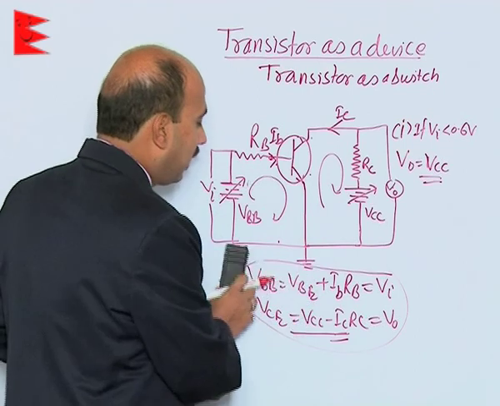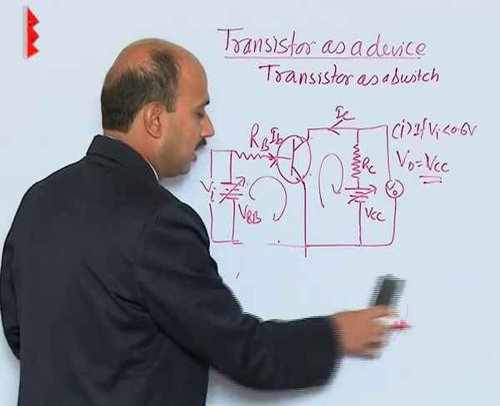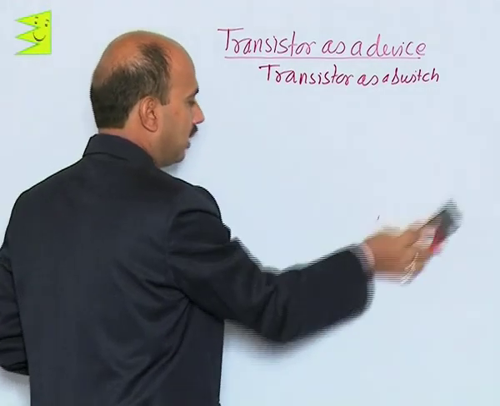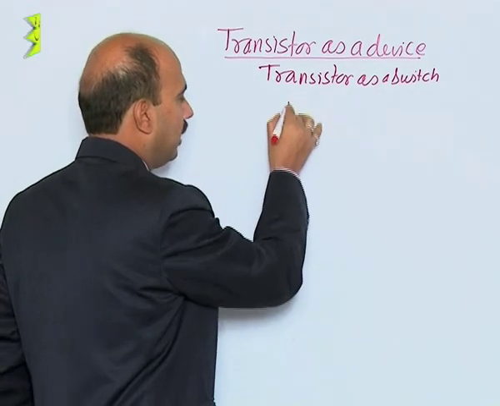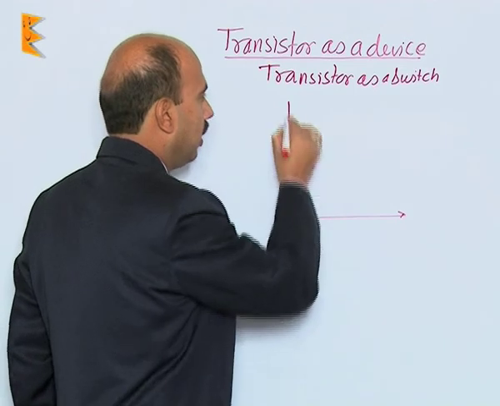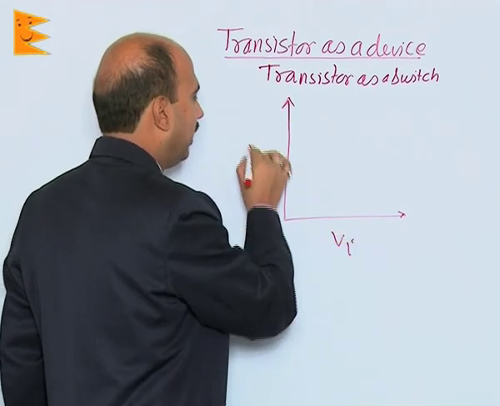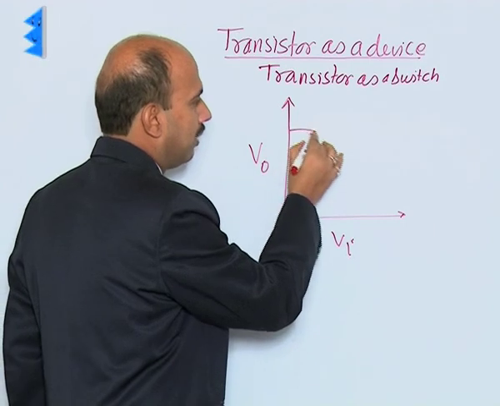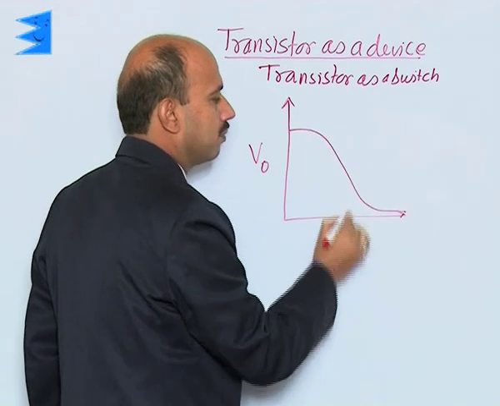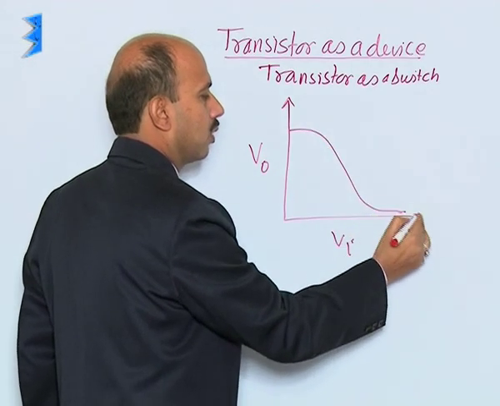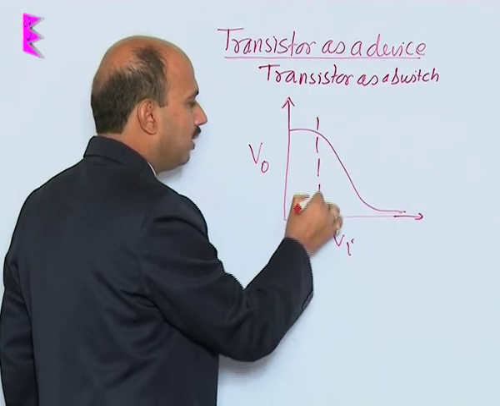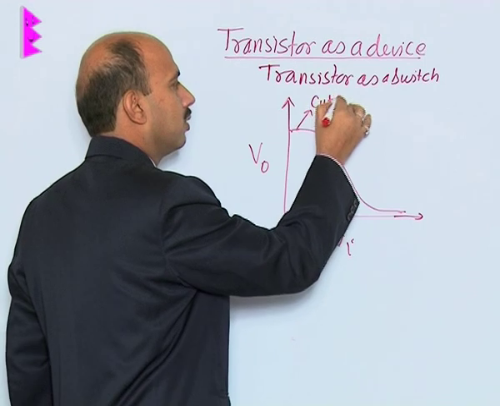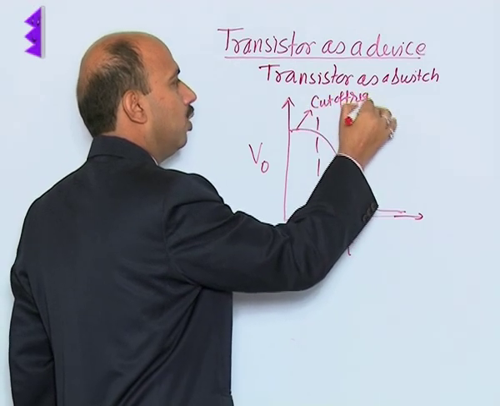The graph we can get for all three cases, the nature of the graph, that is the transfer characteristics of the transistor, is actually in this way. Here you can take VI and here you can take VO, and the graph is something like this. Here the output is maximum, so this one is called the cut-off state, the cut-off region of the transistor.